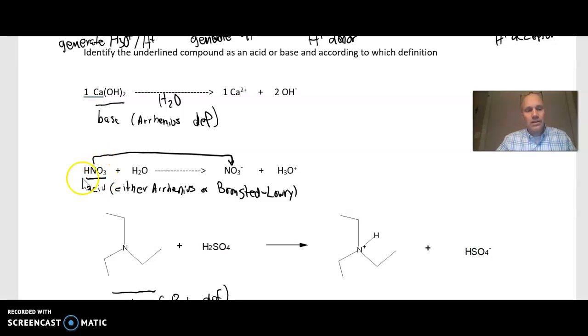In the next case, the name of this is nitric acid, but how could we show based on this equation that it's an acid? There's actually two different ways that we can identify this. First of all, when it reacts with water, it generates H3O plus.